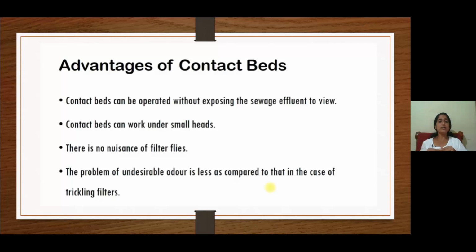There is no nuisance of filter flies due to this covering. The problem of undesirable odor is less as compared to that in the case of trickling filters. This is because we are providing a suitable contact time, that is 4 hours, for atmospheric oxygen to enter the filter media, and this will oxidize the organic matter present in the voids.